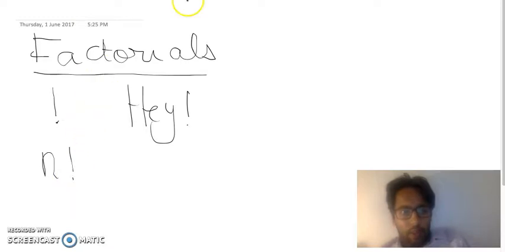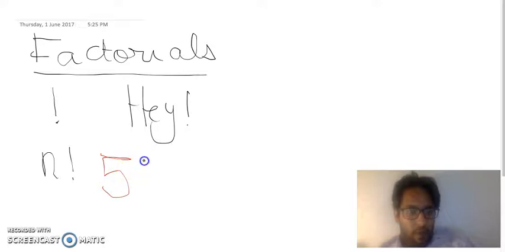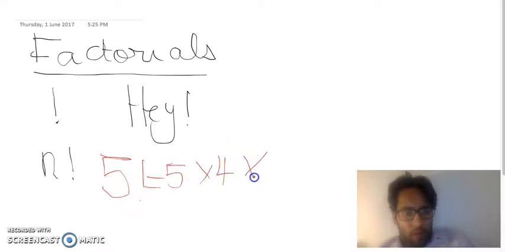Let's change the color. Let's take an example of 5 factorial. 5 factorial can be written as 5 times 4 times 3.